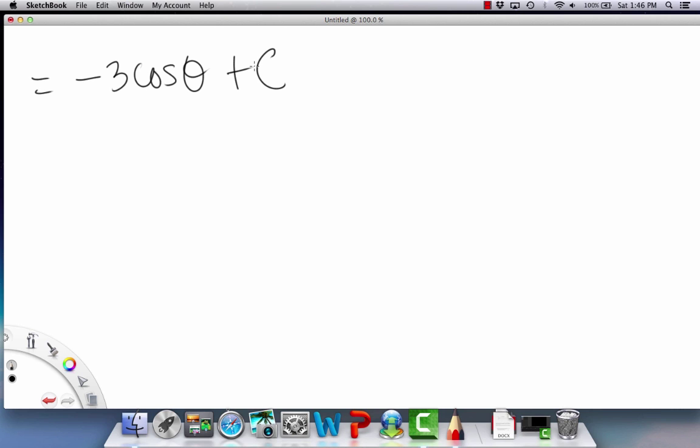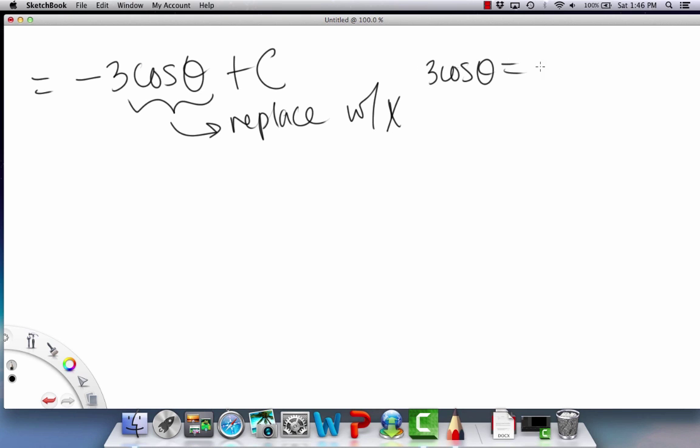As a final step, we can't leave it in terms of theta. We have to replace it with something that involves x. What we had before is we knew that 3 cosine theta, which is one of our equations, was the square root of 9 minus x squared.